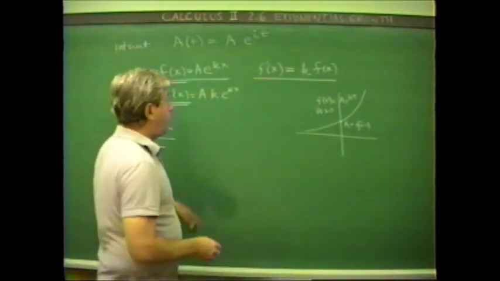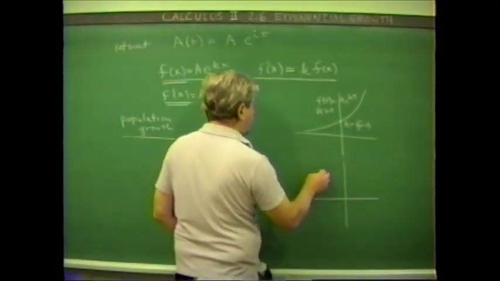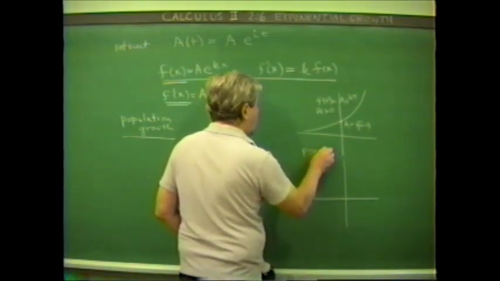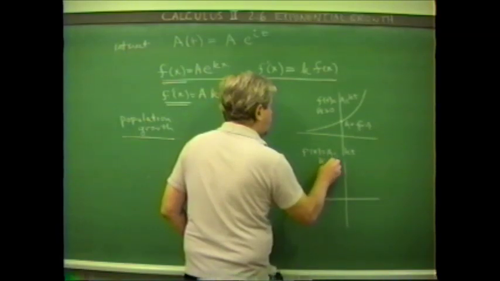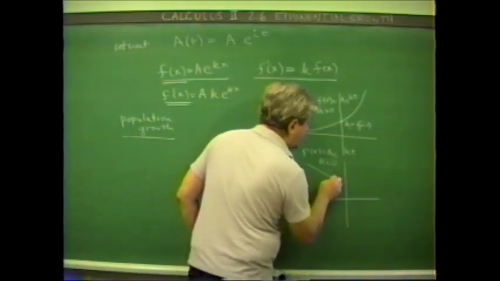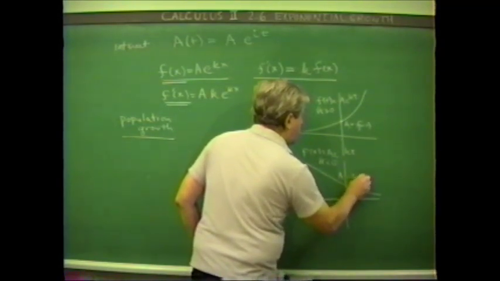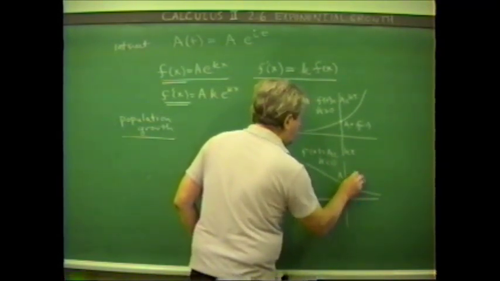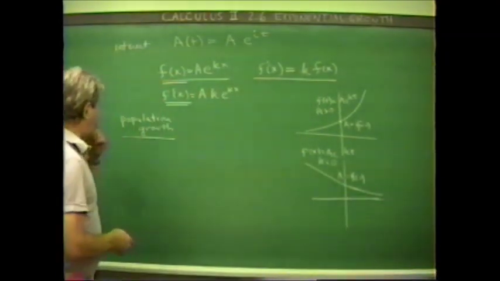You can also have a phenomenon which is called exponential decay, and it's very similar here. If f of t is a e to the kt with k less than 0, then what you have is something that looks like this. Here's A, which is f of 0, and as time goes on, the quantity involved decays.